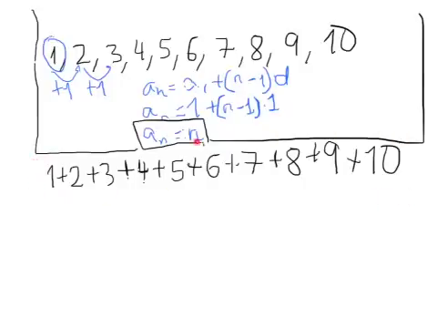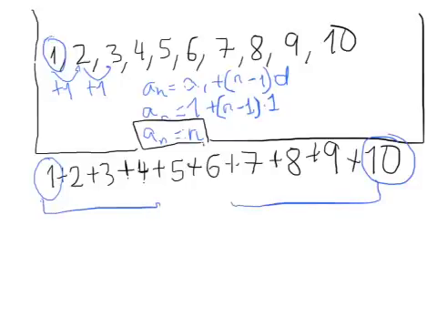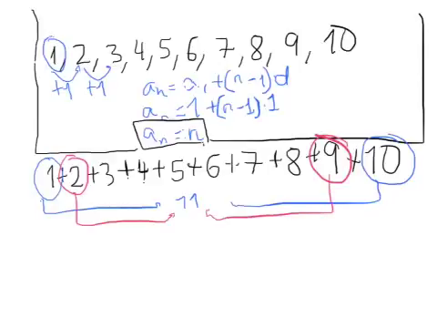So here's a nice little trick. If you take the first number of the sequence and the last number of the sequence, you realize that if you add them, 10 plus 1 is 11. If you take the 2 and the 9, that also adds up to 11. If you take the 3 and the 8, that also adds up to 11.